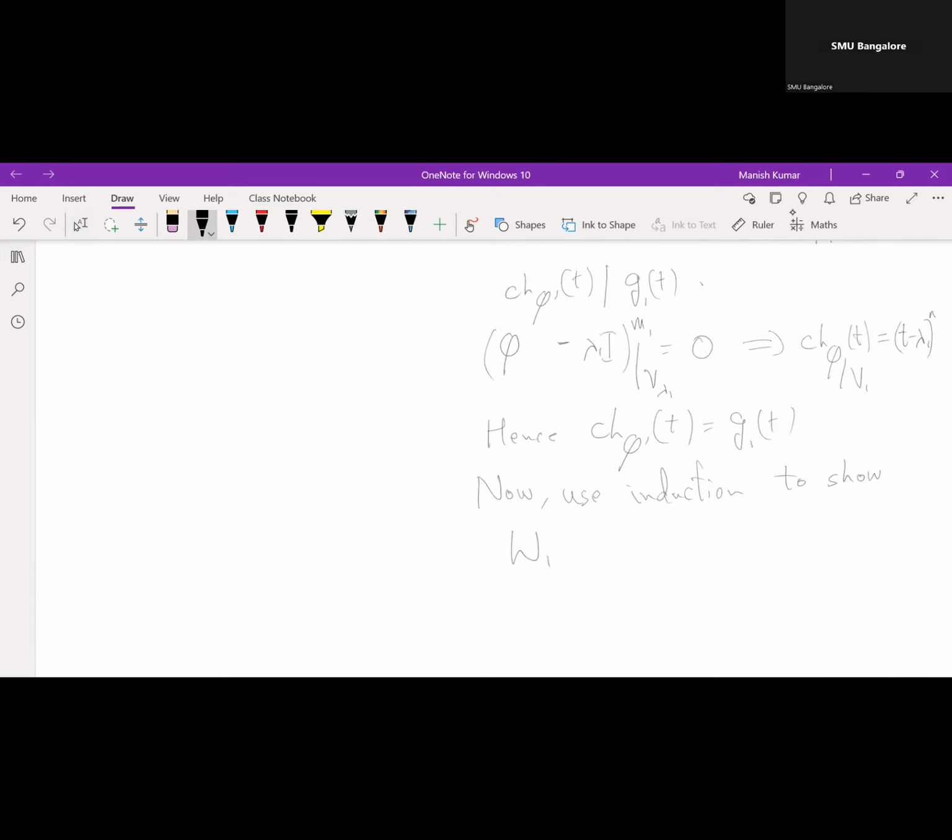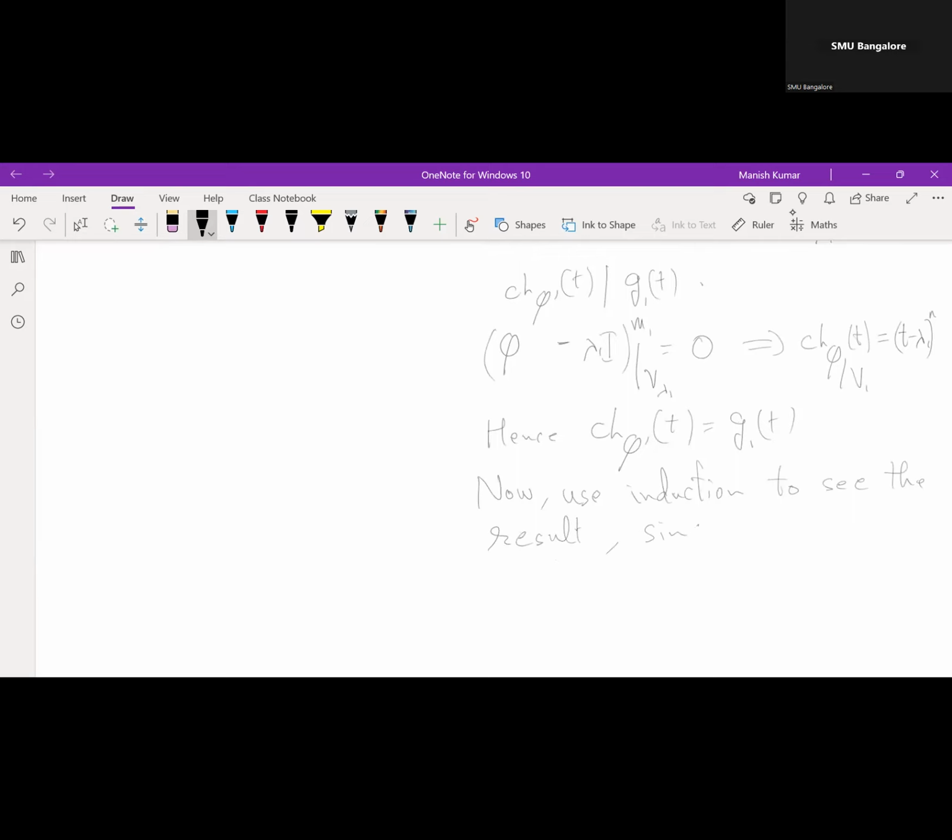So see, W1 is a vector space, and phi prime is an operator on W1. Now use induction, but let me just get this set up, induction to see the result.